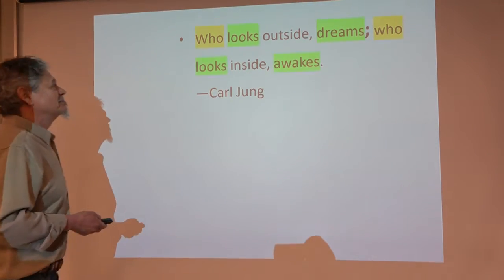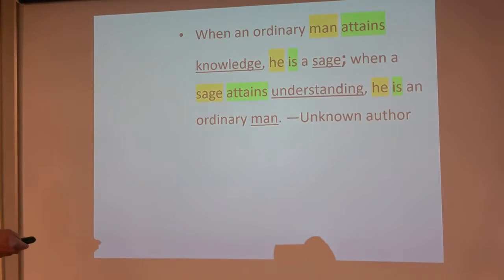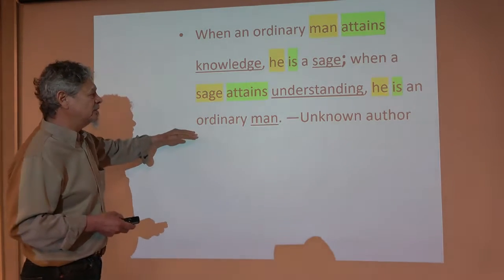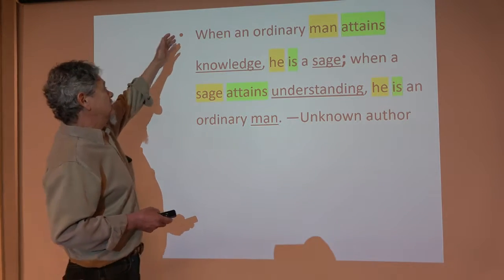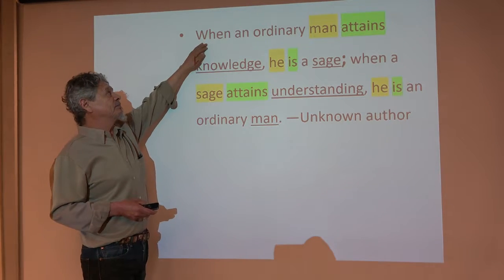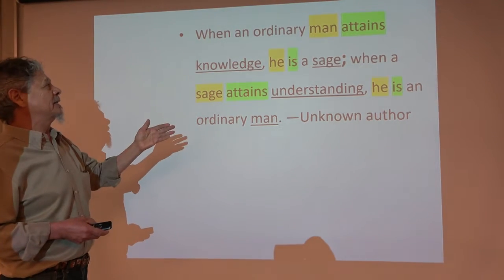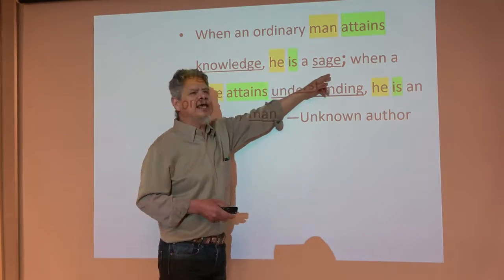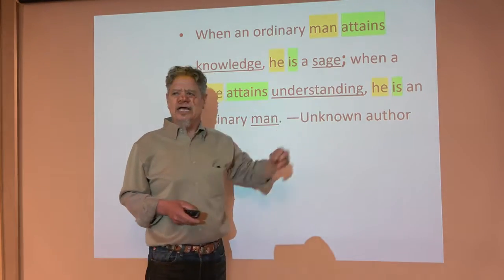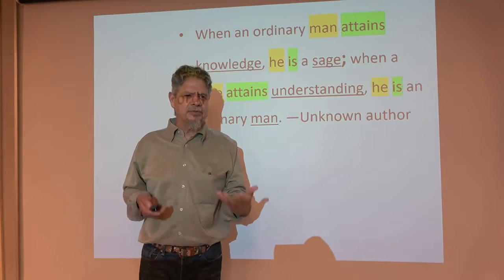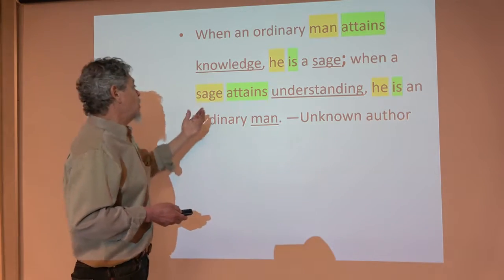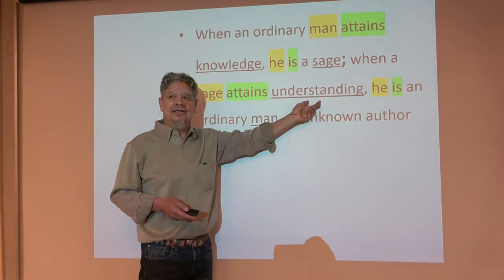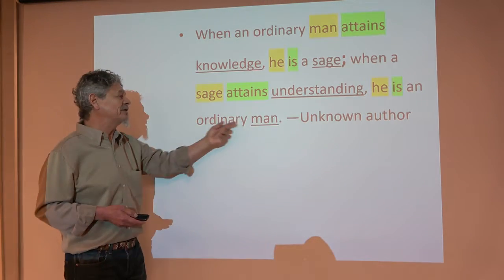But, okay. So the next example, this is from an unknown author. This begins with a subordinating conjunction. When an ordinary man attains knowledge, he is a sage. A sage would be a very knowledgeable man, un sabio. When a sage attains understanding, he is an ordinary man.